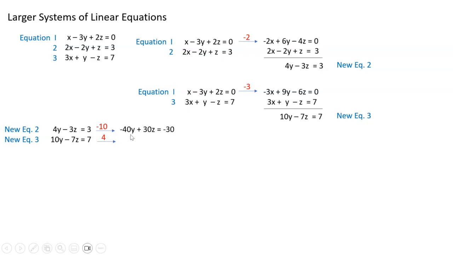So -10 times equation 2 will give us -40y plus 30z equals -30. And 4 times the new equation 3 will give us 40y minus 28z equals 28. Right? And we add them, the y's are eliminated, and we're left with 2z equals -2. So to solve for z, we divide both sides by 2. So z equals -1.